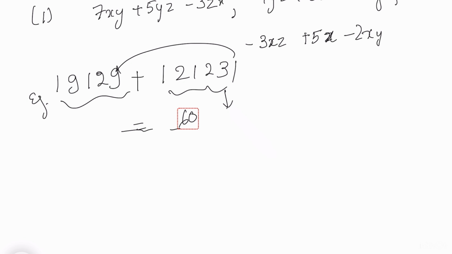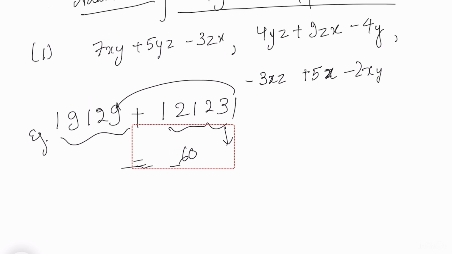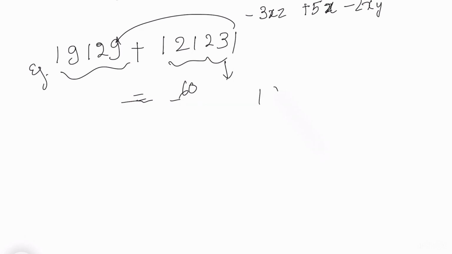But actually if I had asked you to do it in a junior class, what would you have done? What do your juniors do? First of all, they write it one below the other, starting from the right side.